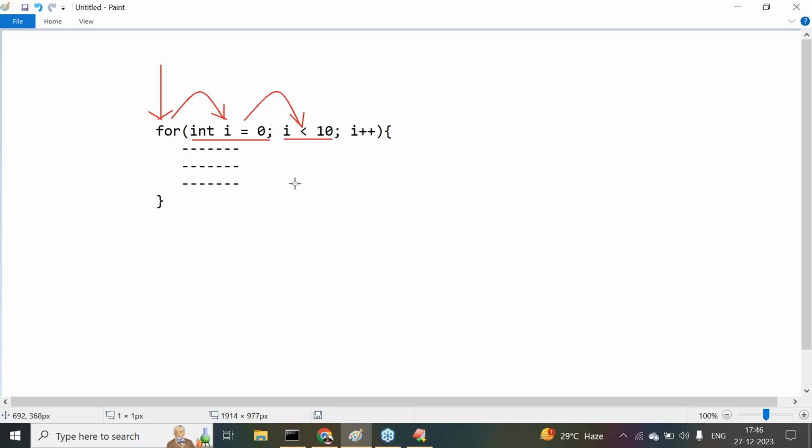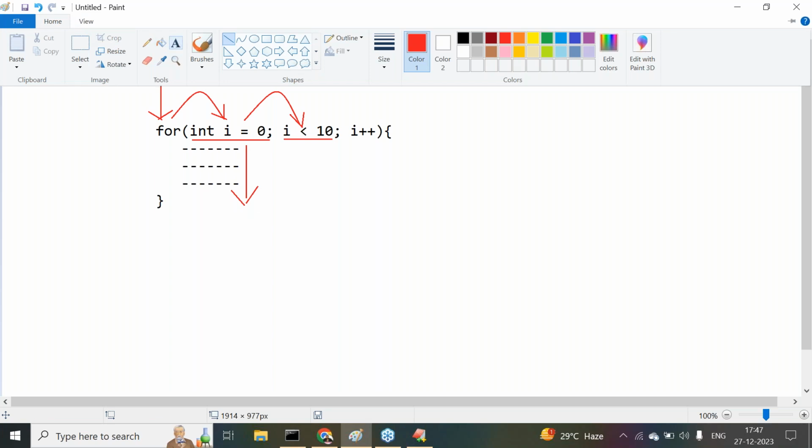Inside expression 2, the condition will be evaluated. This is a conditional expression. It will return true or false. If it returns true, execute the loop body.